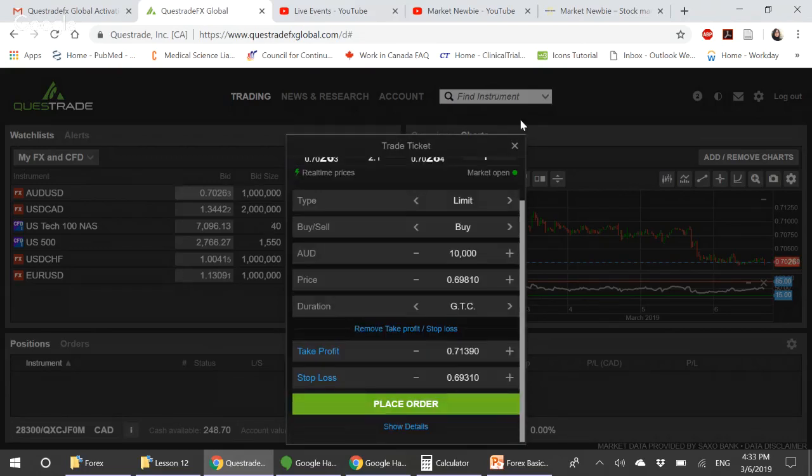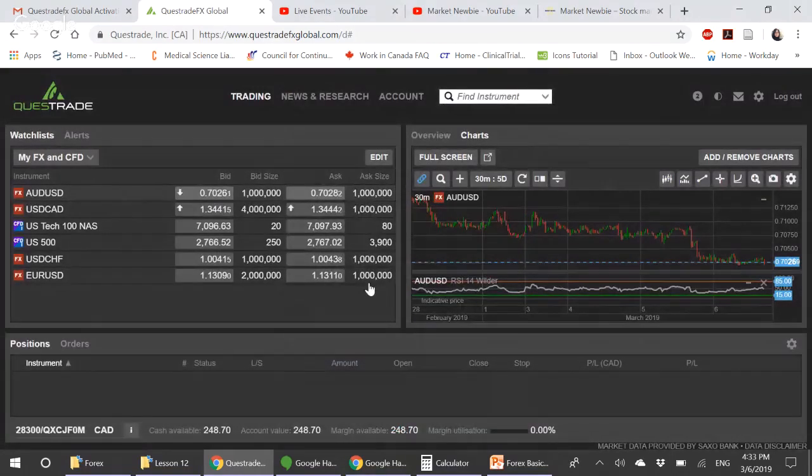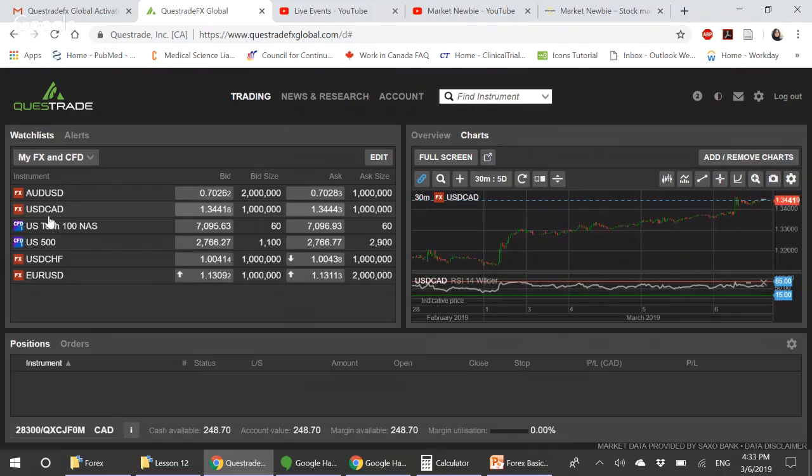So I canceled that because I don't want to place this order, because first of all, I don't have the margin. Second of all, this is my real account. I don't want to use my real account. But other than that, this is basically the price chart of Australian dollar over US dollar. And this is US dollar, Canadian dollar. As you can see, US dollar has appreciated a lot recently and is going up.